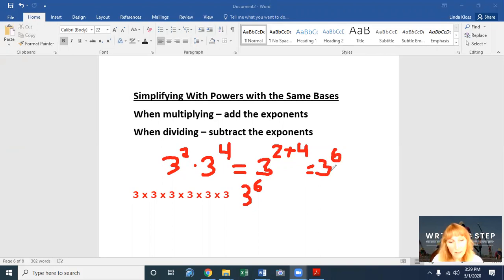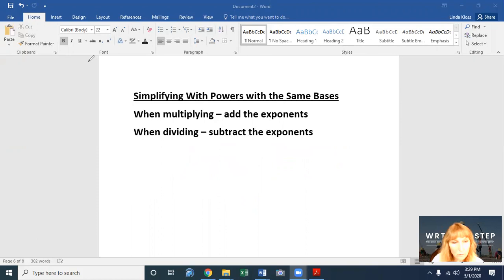Now what about dividing? So we are going to erase and show you division. So if we had, for example, 7 to the 4th power divided by 7 to the 2nd power, here's why this works.